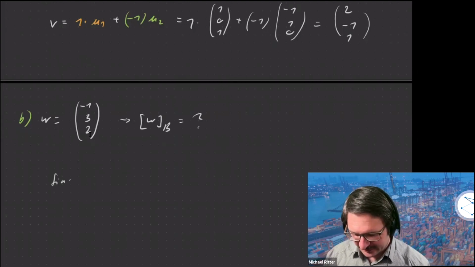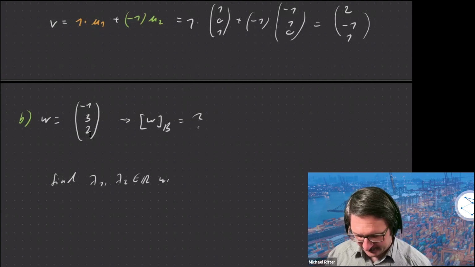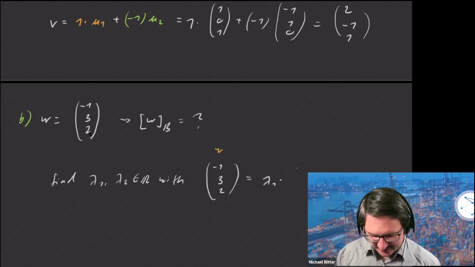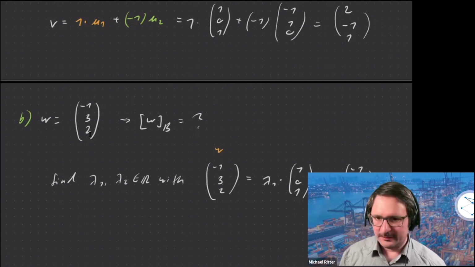So we have to find λ1, λ2 in R such that our vector W is equal to λ1 times our first basis vector, 1, 0, 1, plus λ2 times our second basis vector, -1, 1, 0.